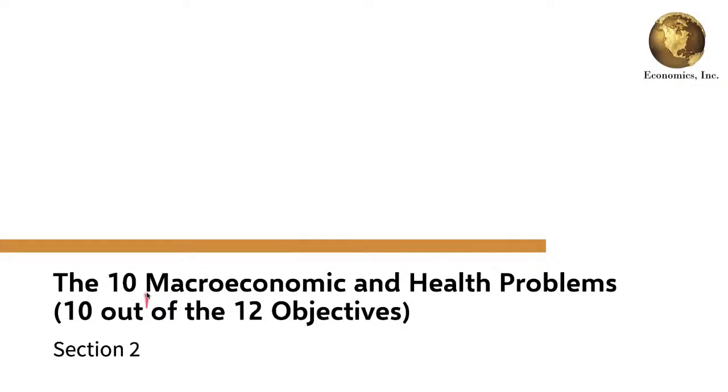All right, now let's talk about the 10. We talked about the Christian perspective, but now these 10 really don't have much to do with the Christian perspective. But they do have a lot to do with existing objectives of government.